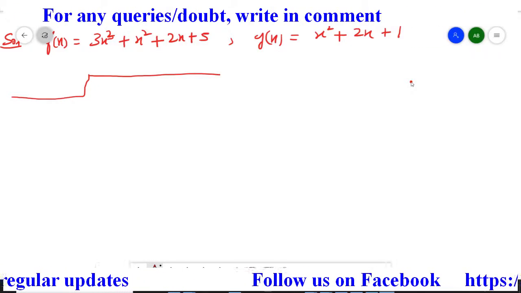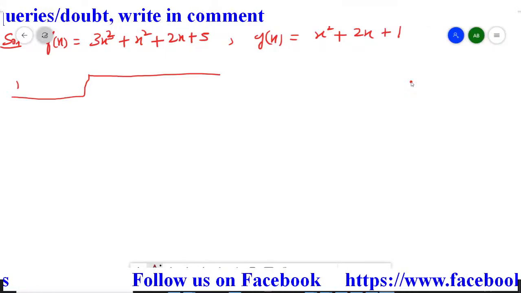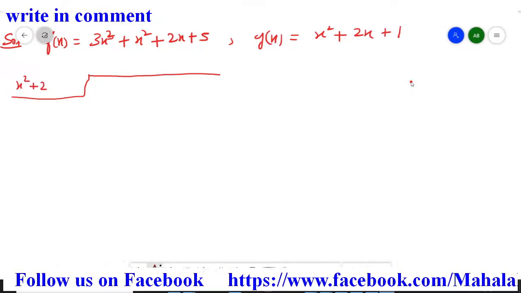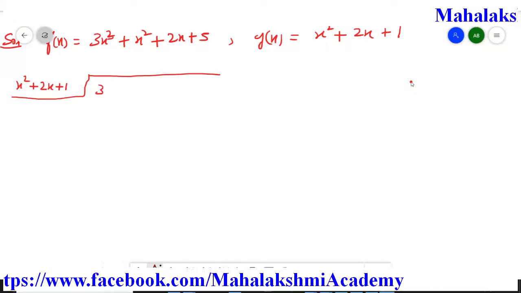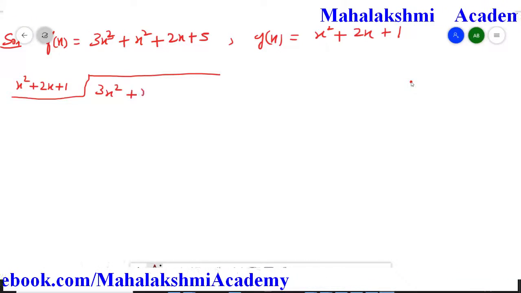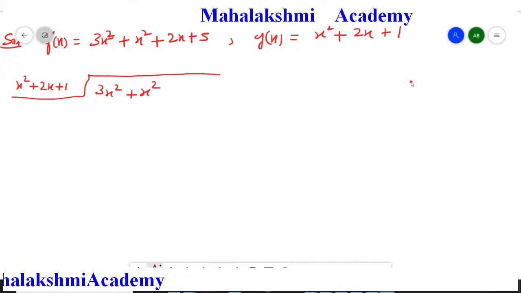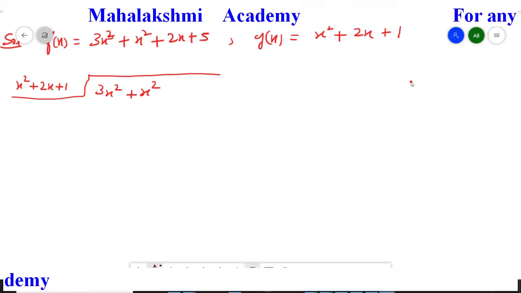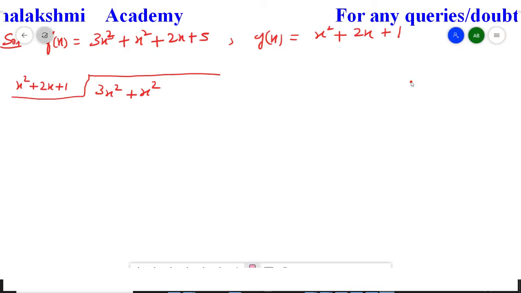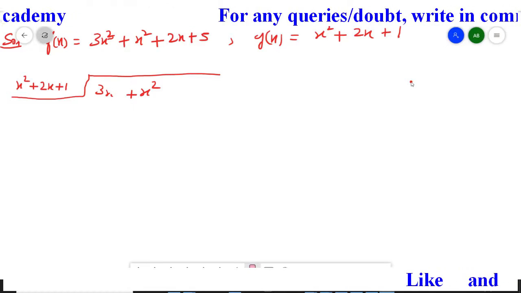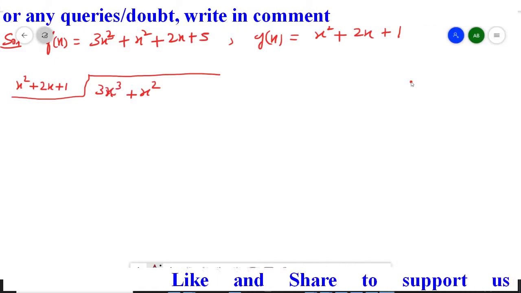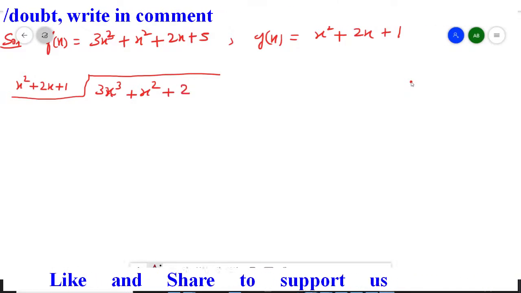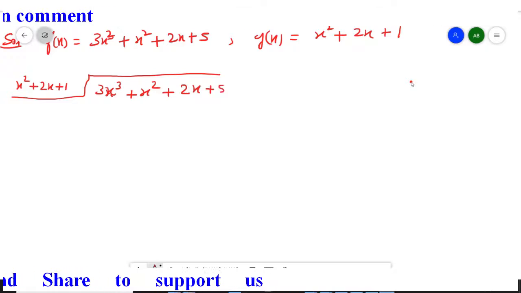So g(x) we write here, that is x square plus 2x plus 1, and f(x) is right here, that is 3x cube plus x square plus 2x plus 5.